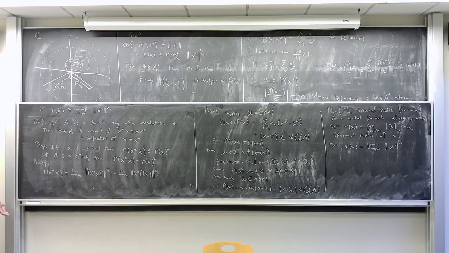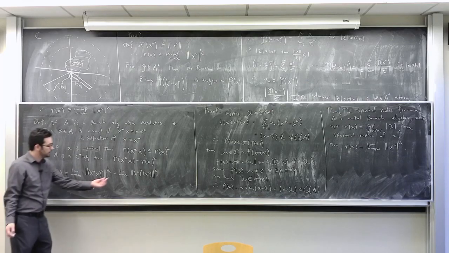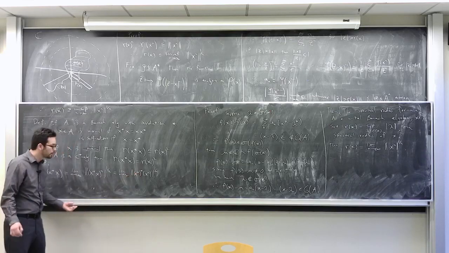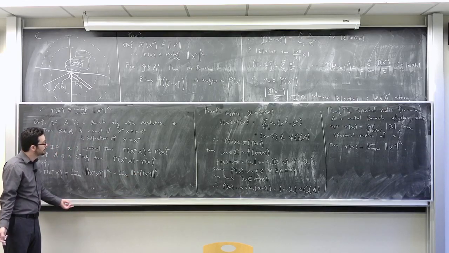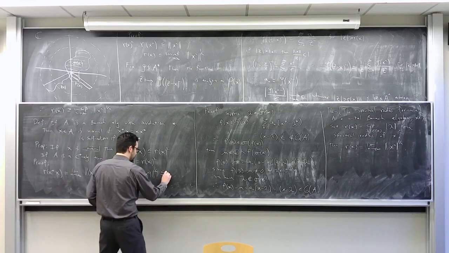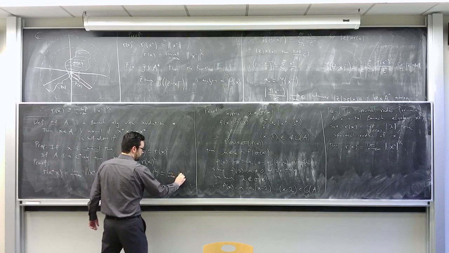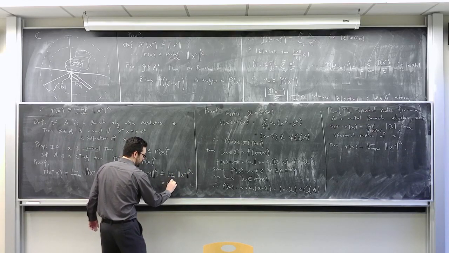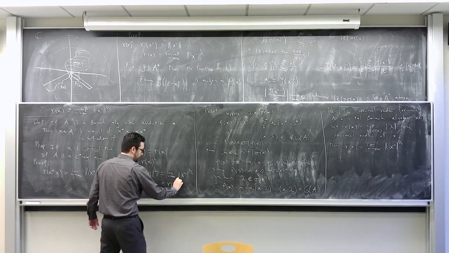Now we can use the Banach norm estimate, so this is less than or equal to the product of these norms. Use the fact that the involution is isometric, and so we see that this is less than or equal to the limit as n goes to infinity of the norm of x^n to the 2 over n, which is the spectral radius of x squared.